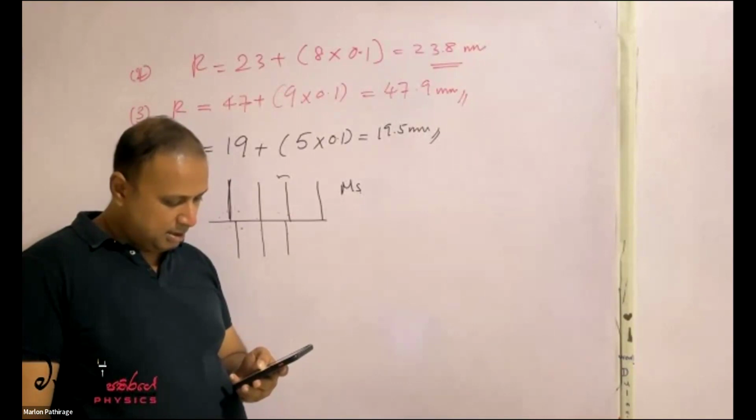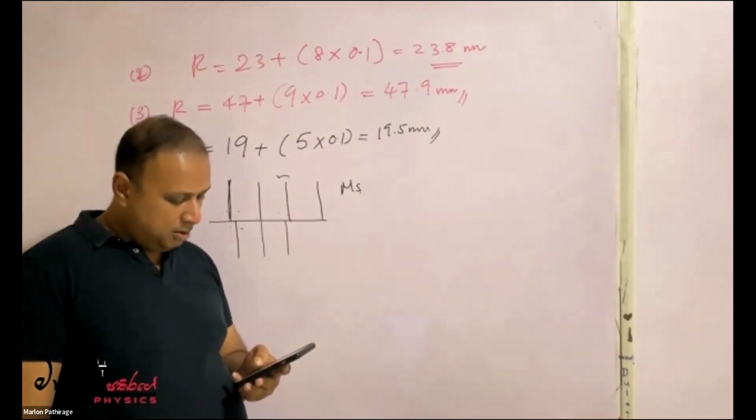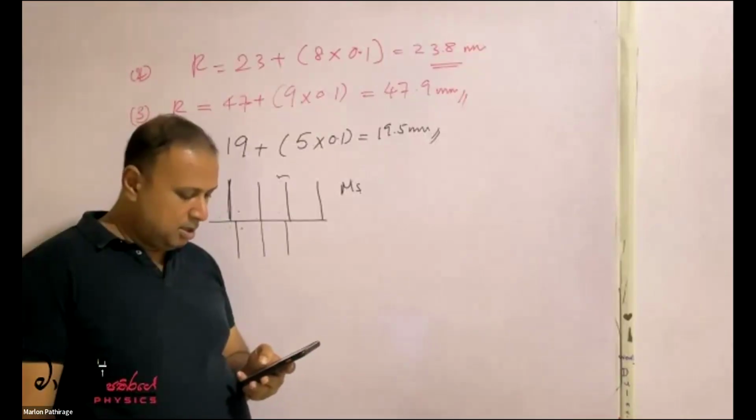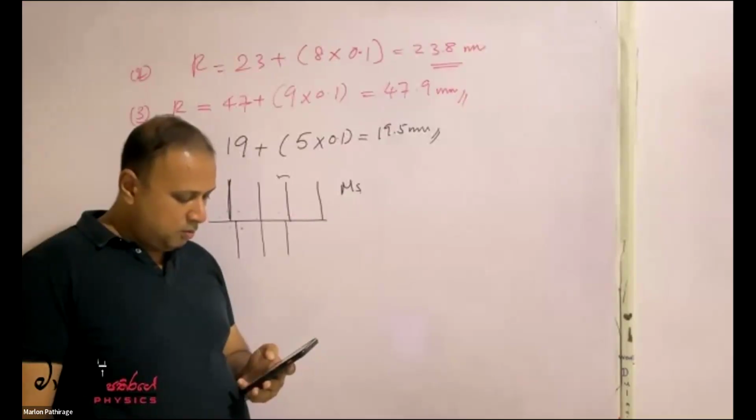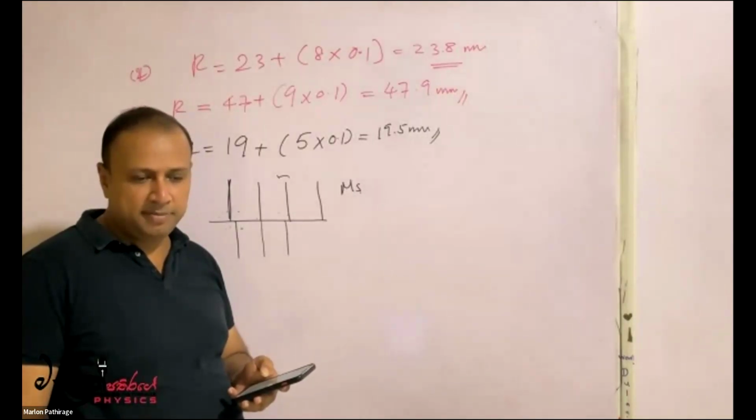Then the third one means 1, 2, let's say 6. 1, 2, 3, 4, 5 means 2, 1. 1 means 10. 10.1, 2, 3, 10.3. It is equal to 10.3.